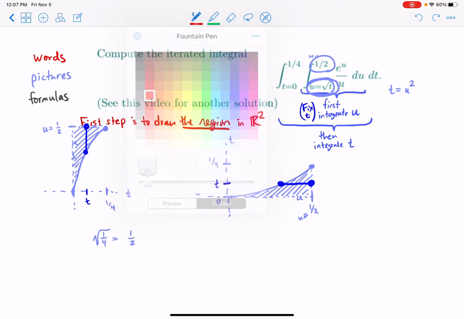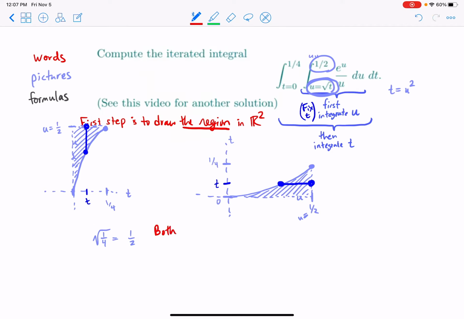I'll even write that in words. Both pictures show fixing t and integrating u first.